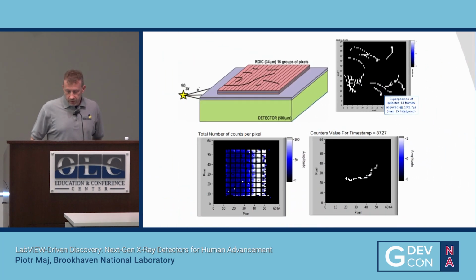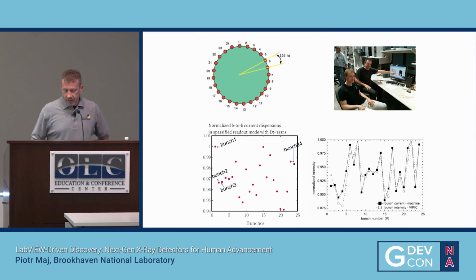So we could evaluate if there's any leak of events between frames, and we could actually map the synchrotron current per bunch, which those small bunches of electrons are distinguished by only 153 nanoseconds. It was the first result like that on a hybrid pixelated detector.